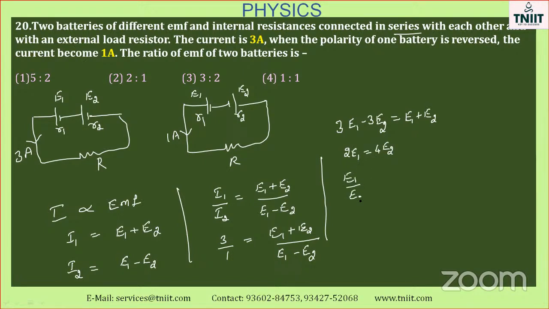So what is E1 by E2? 4 by 2. So E1 by E2 ratio should be 2:1. So which is the right option? Option 2 is the right answer. So E1 by E2 value is 2 by 1.